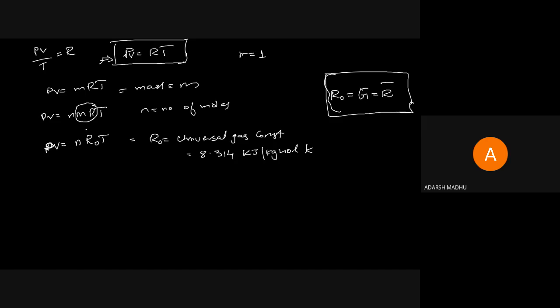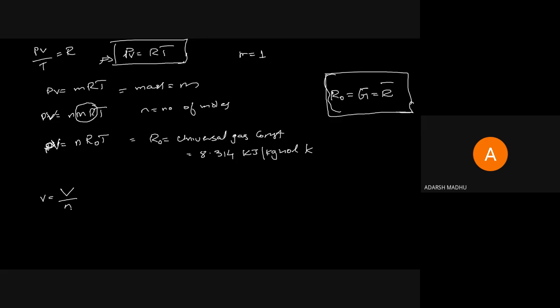When number of moles comes, it will be capital V. How? Small v equal to total volume divided by number of moles, v equal to V by N. This small v is specific volume, and capital V is total volume.